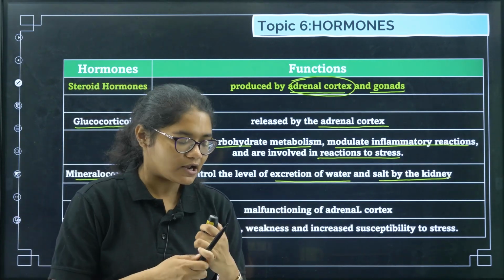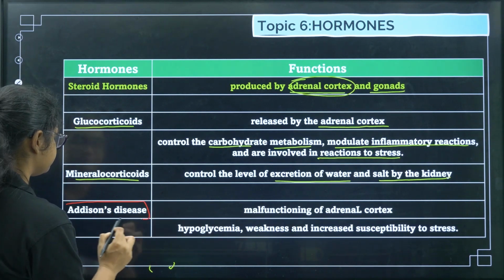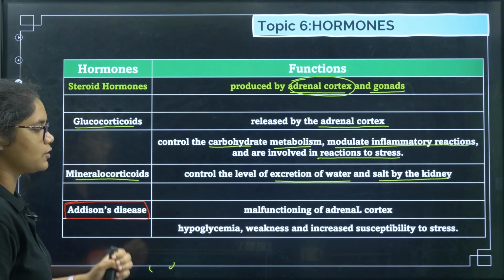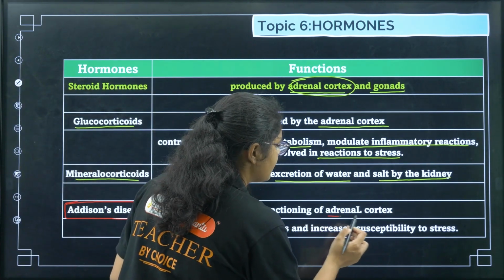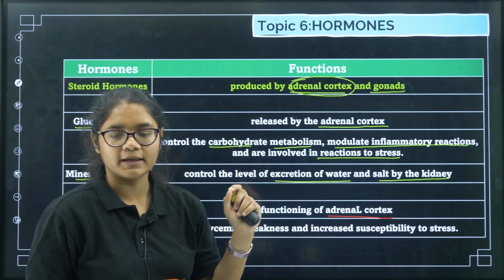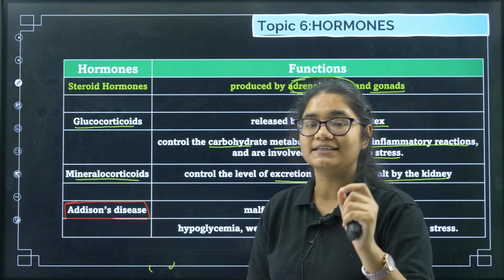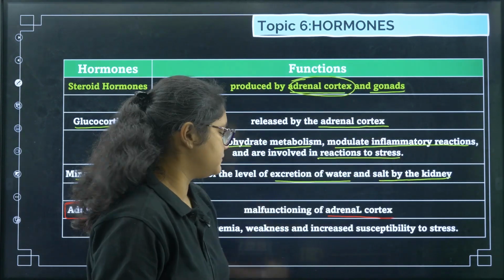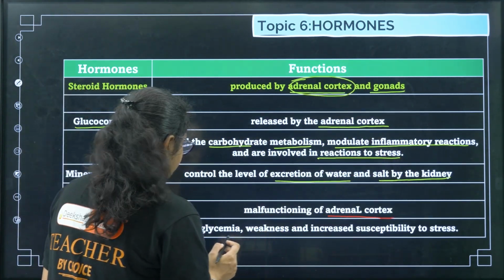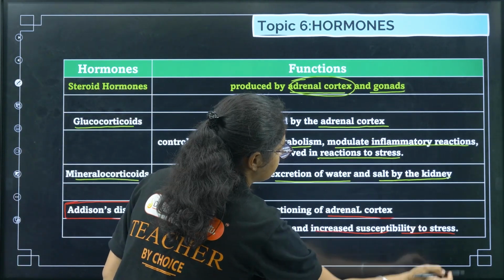This is clear. Now here there is something you should know about Addison's disease. Okay, when is this Addison's disease caused? It is when you have malfunctioning of the adrenal cortex. If your adrenal cortex is not working properly, then we have a disease called Addison's disease. Now what are the symptoms of that? You feel hypoglycemia, you feel weakness, and you have increased susceptibility to stress.